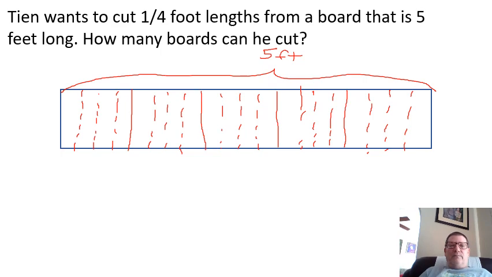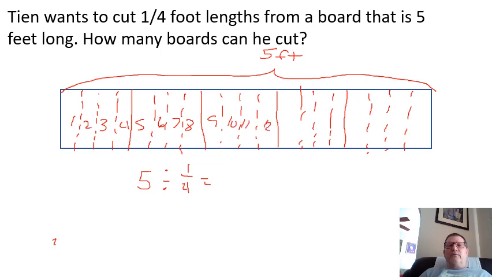So we can see we have 5 divided by 1/4-foot lengths, and if I count them up, we have 1, 2, 3, 4, 5, 6, 7, 8, 9, 10, 11, 12, 13, 14, 15, 16, 17, 18, 19, and 20. So we end up with 20 pieces of board.